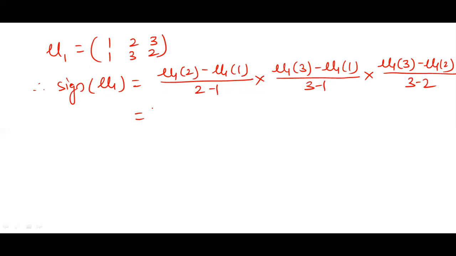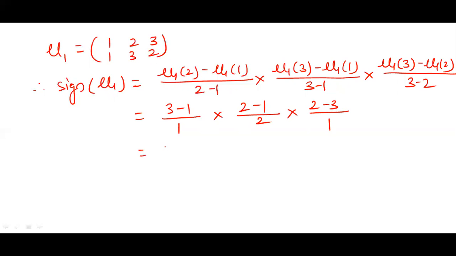It is equal to mu1 of 2 is 3, mu1 of 1 is 1 divided by 1, mu1 of 3 is 2, mu1 of 1 is 1 divided by 2, mu1 of 3 is 2, mu1 of 2 is 3 divided by 1.